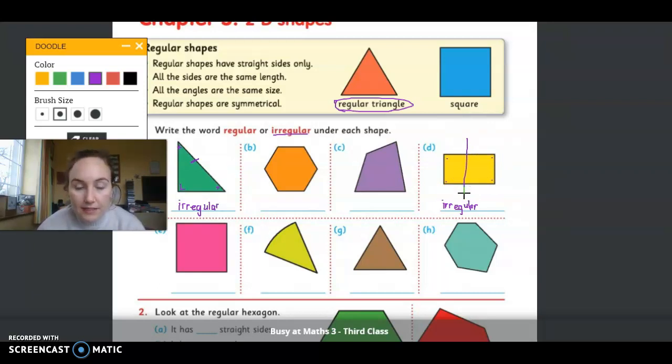So lots of the things are right, but its sides do not have the same length. Okay, it has two long sides and two short sides. That's the difference between a rectangle and a square. So its sides are not the same length, so it's an irregular shape.